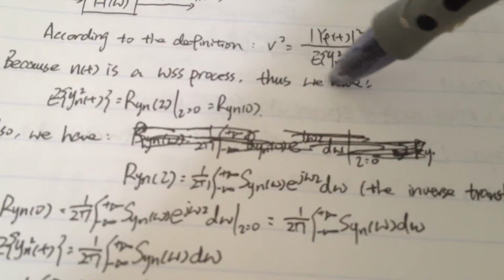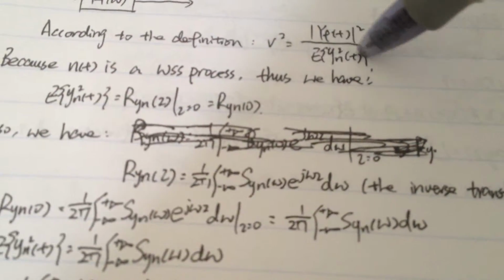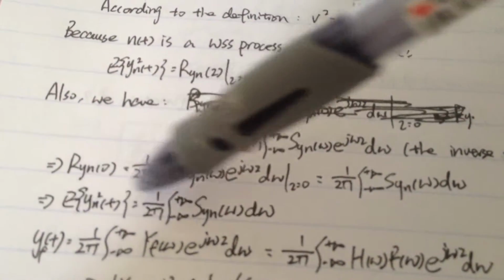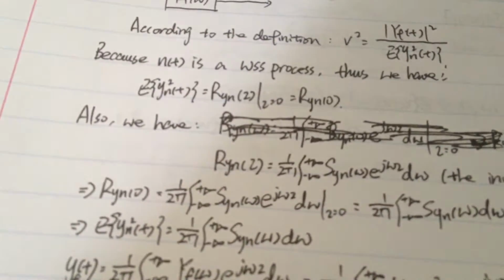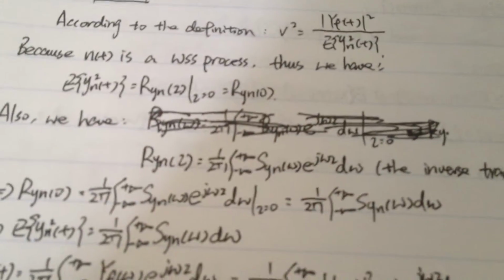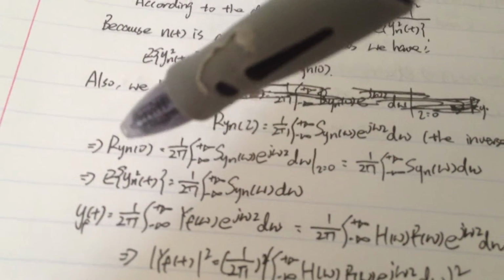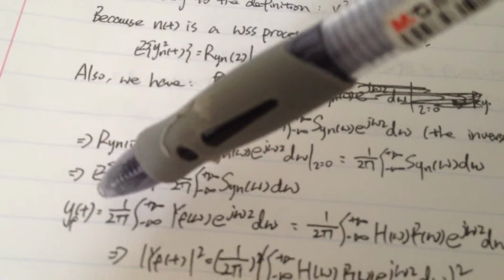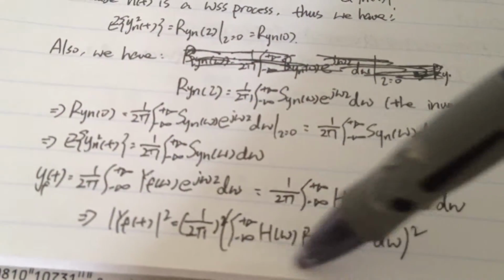And for the above part, we can also use the inverse transform, so that we can get the square of y of t should equal this one.